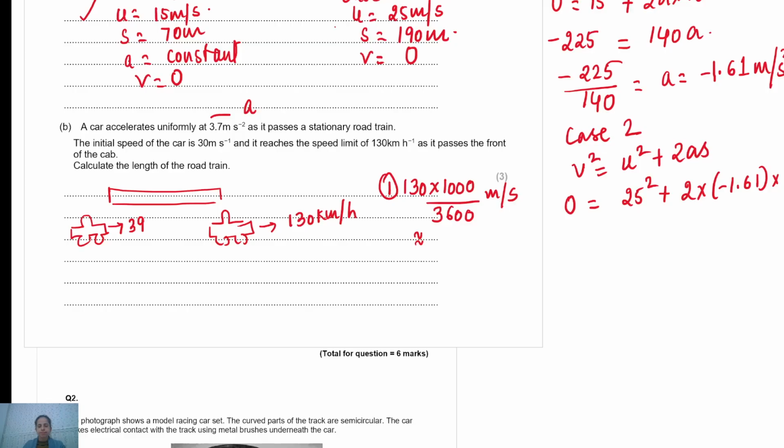We should be using v squared equals u squared plus 2as. Oh, sorry, this is 30. So my initial speed is 30 squared, acceleration is 3.7, and what was my final speed?